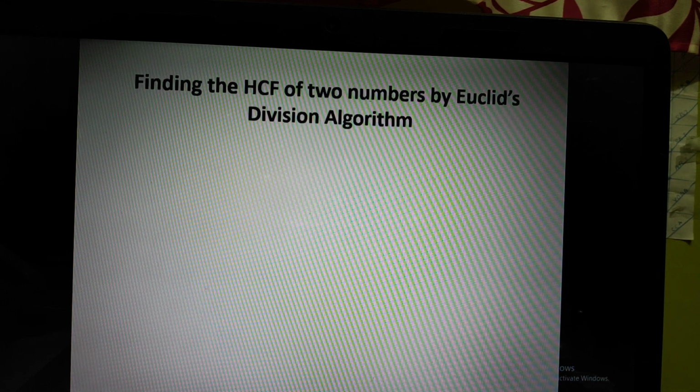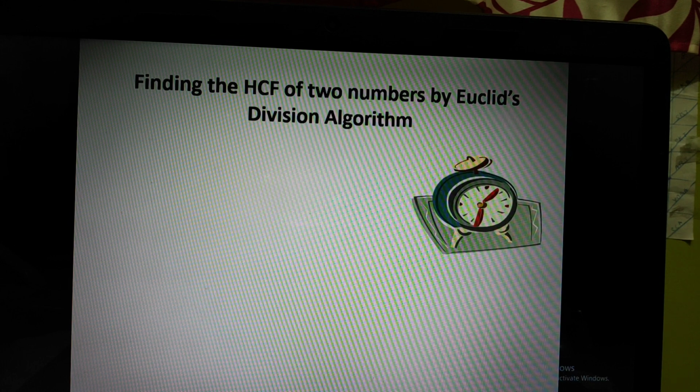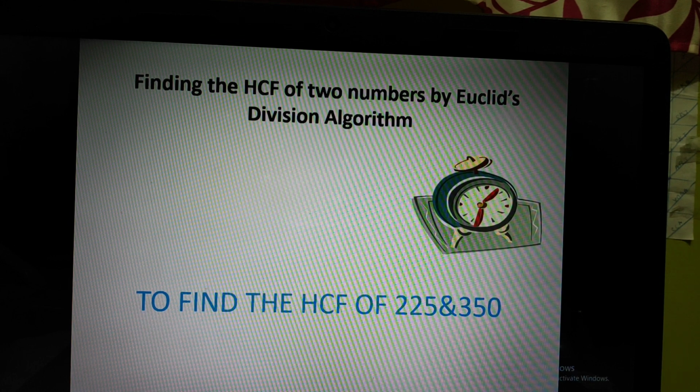Now let us apply Euclid's division algorithm to find the HCF of two numbers. Let us find the HCF of 225 and 350. Here in this algorithm, one thing we have to remember is that the lemma is to be applied continuously till the remainder is 0.